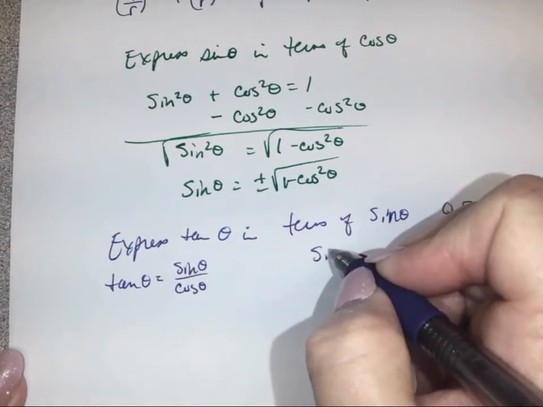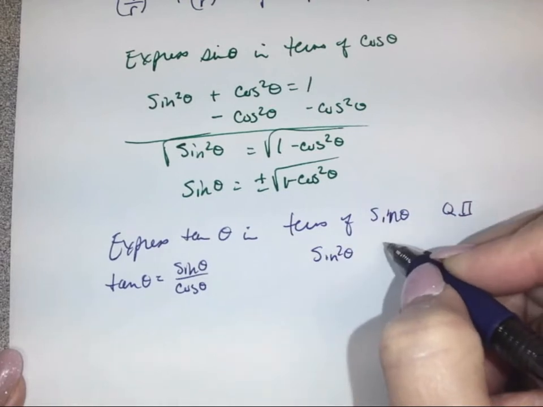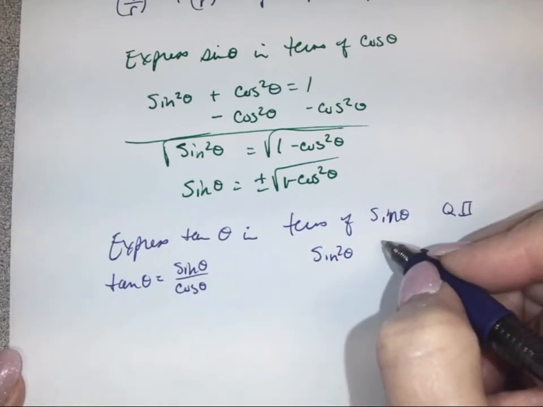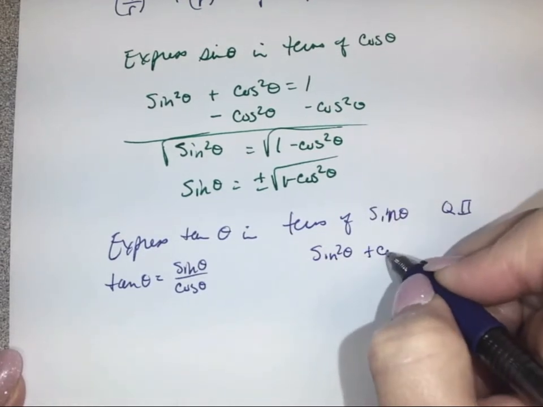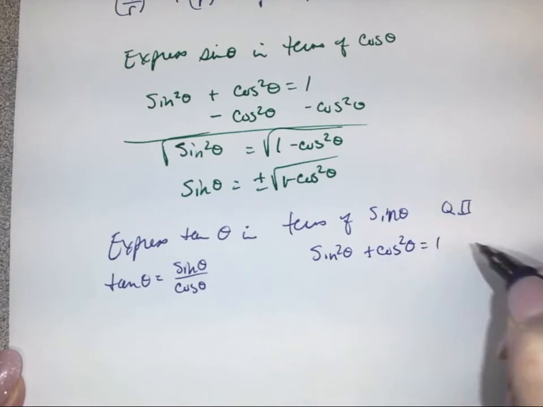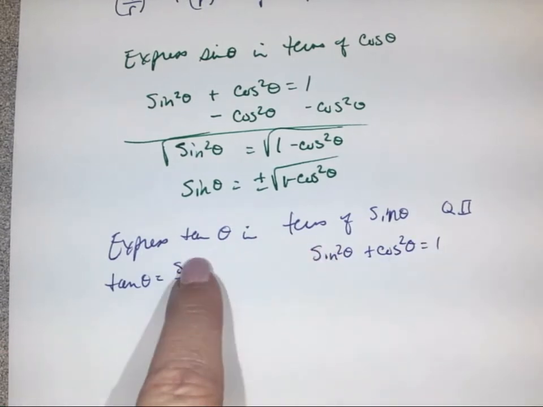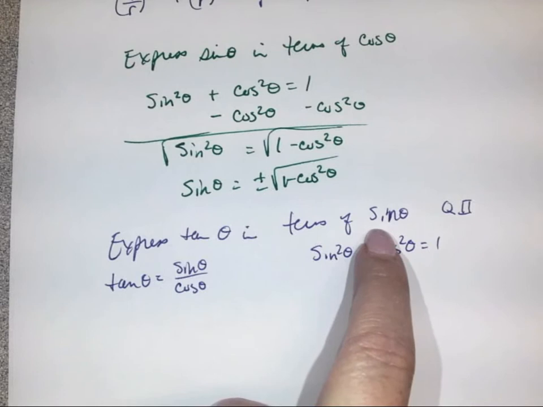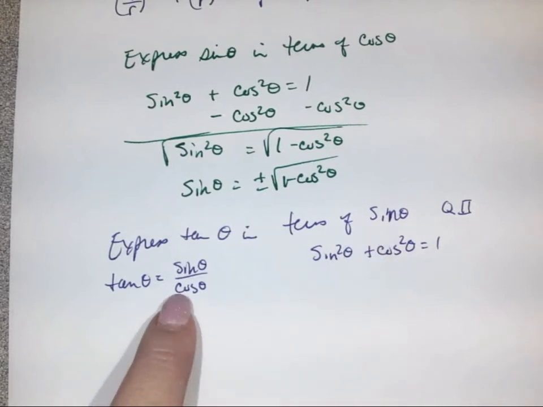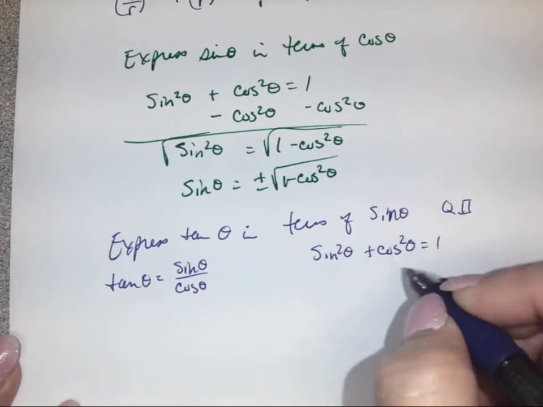So we have sine squared theta plus our cosine squared theta is equal to 1. I want to just do it in terms of sine, so I need cosine to become in terms of sine. So it's the opposite of what we did up here. I need to solve for cosine.